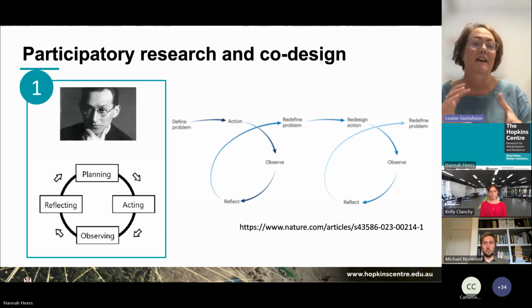So this is really participatory action research at the core, in terms of equal partnerships and working together to solve those issues.